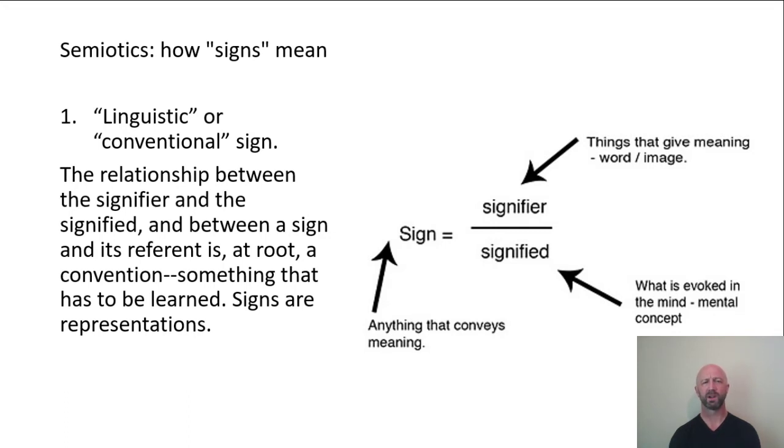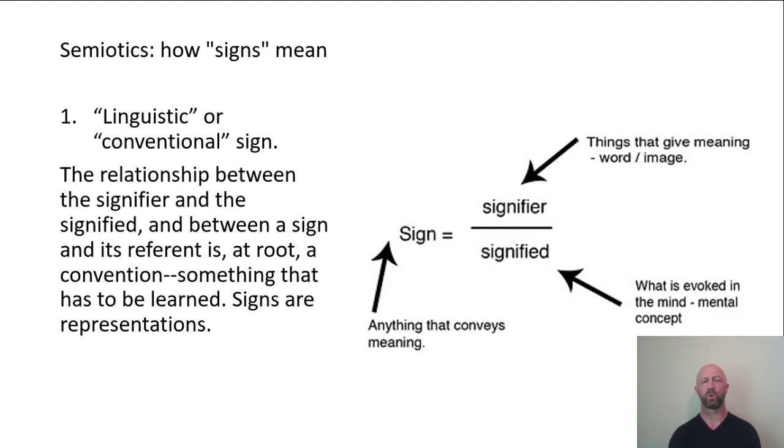Now, a linguistic or conventional sign, and the reason, by the way, that they split these signs into different categories is to try to get into kind of parsing out what the connection is between a signifier and a signified in these various signs. I know it's a lot of terminology to try to grapple with, but I'm going to come at this in a number of different ways because it's very important for our class.